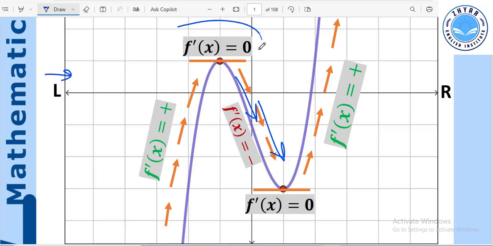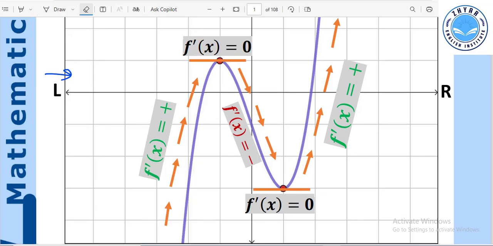And when f prime is equal to 0, this is where the critical values happen, and the critical points are going to be maximum, minimum, or just critical, which is not max or min, it's just a critical value that makes the derivative equal to 0 or undefined. Let's apply what I said on an example.